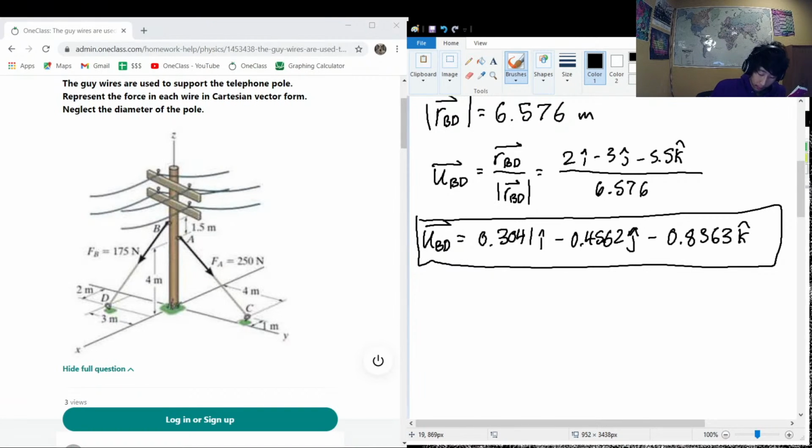And we know that FBD, which is the force inside the cable, is going to be equal to our FB magnitude multiplied by UBD.